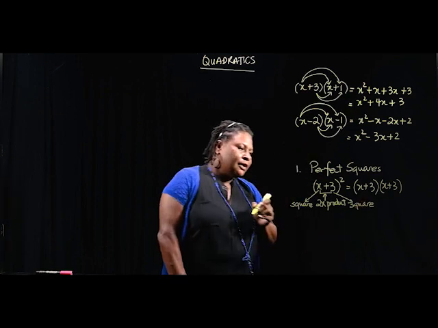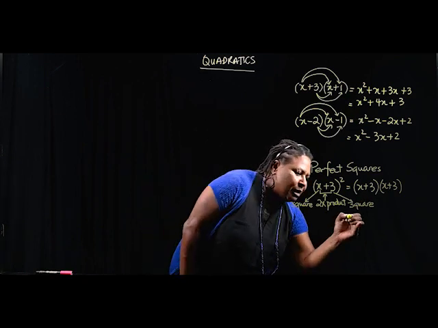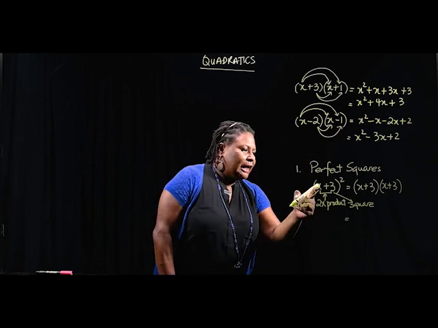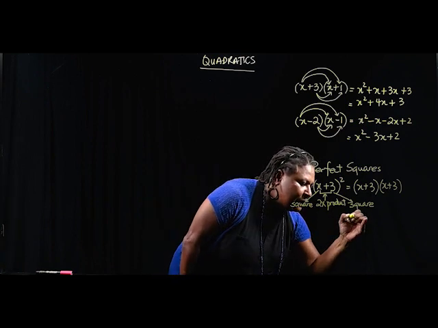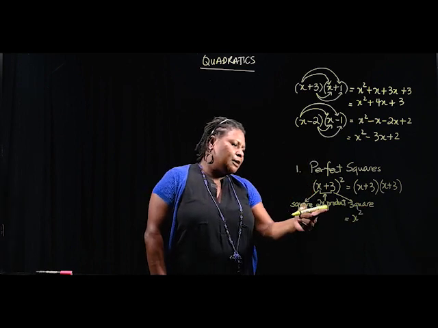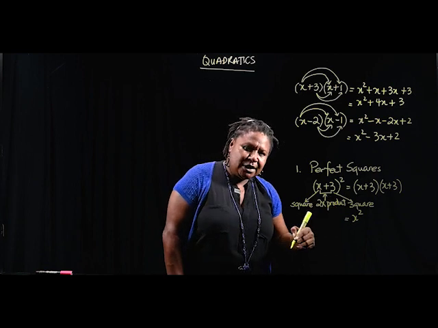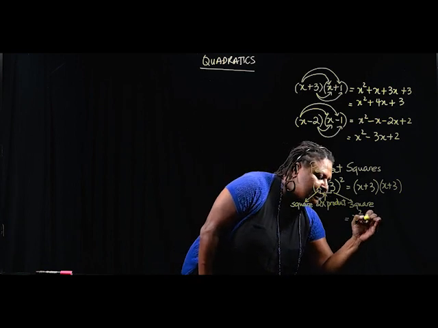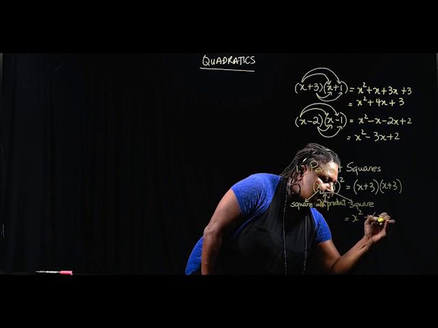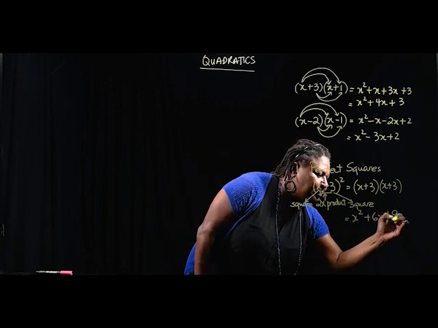Let's follow that general rule. x squared is x to the power of 2. Twice the product: 3 times x is 3x, multiplied by 2 gives us 6x. And 3 squared is 9.